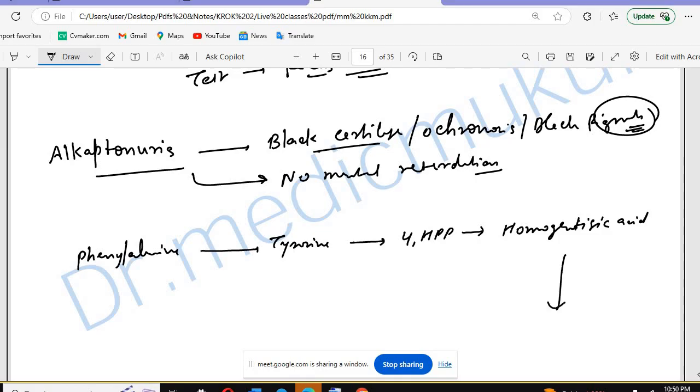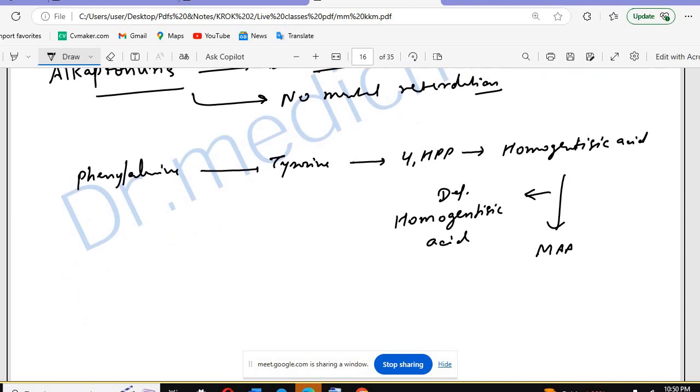This homogentisic acid is converted into MAA, maleylacetoacetic acid. Here there is a deficiency of one enzyme, homogentisic acid dioxygenase. So this enzyme will be deficient.